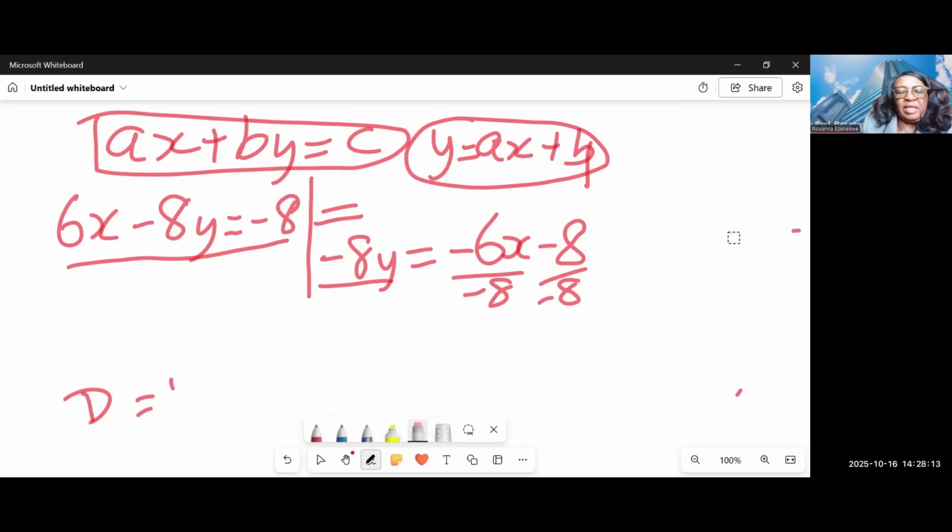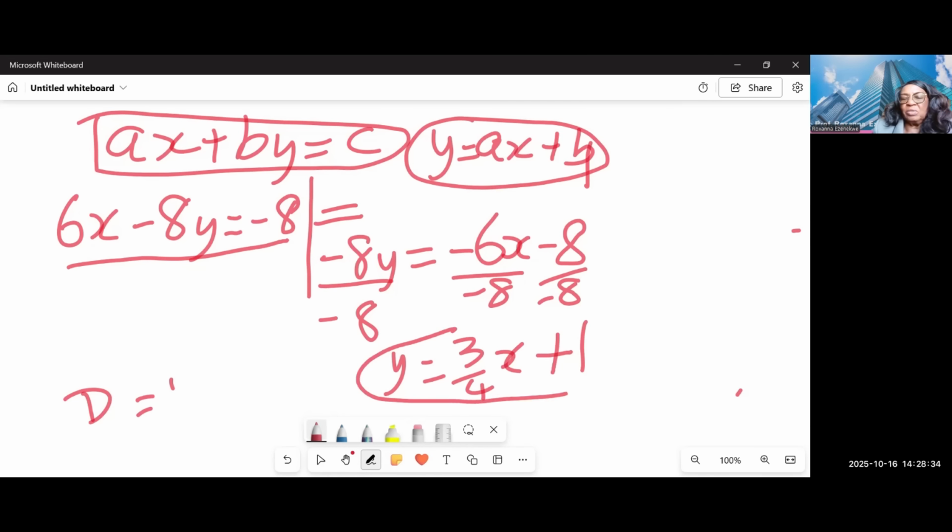This is divided by negative, this is also divided by negative. And so I have y is equal to negative divided by negative is positive, and I have 3 over 4 here for x. And negative divided by negative is positive, so this is 1. So the equation is now in y-intercept form, so I can find the slope.